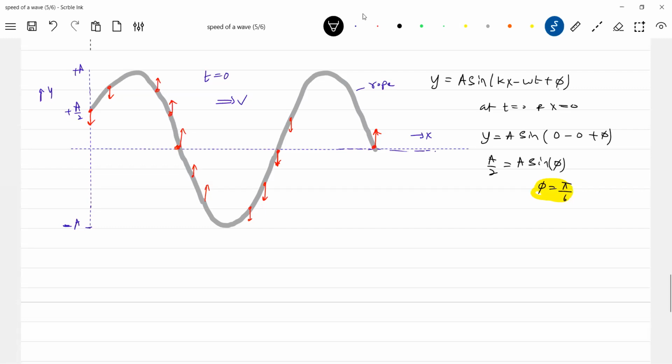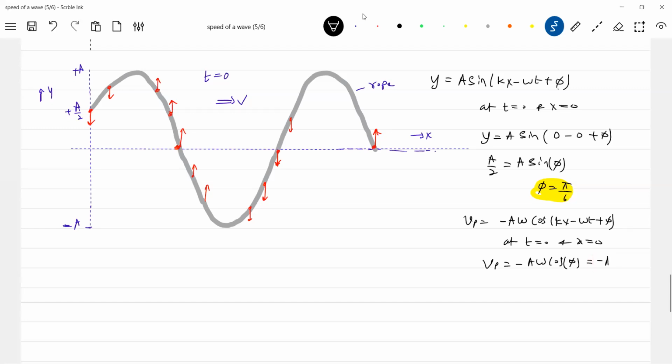Okay, after getting this, we'll differentiate. If I differentiate, I'll get minus a omega cos of kx minus omega t plus phi. At t equals 0, x equals 0, again minus a omega cos phi. So what is the phase angle? Pi by 6.